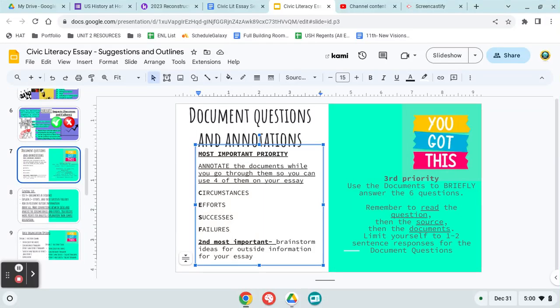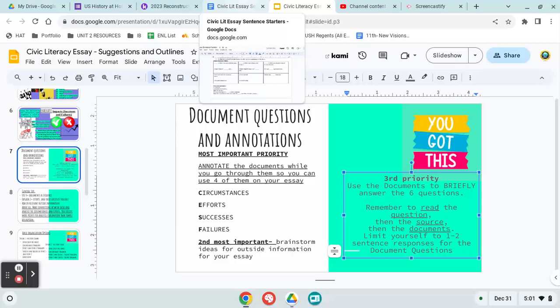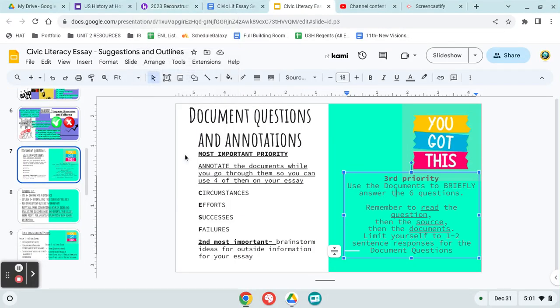So you want to brainstorm outside information, and you want to answer those document questions really briefly. I mean, super briefly. And we'll go over that here in a minute after we really look at the document annotation.